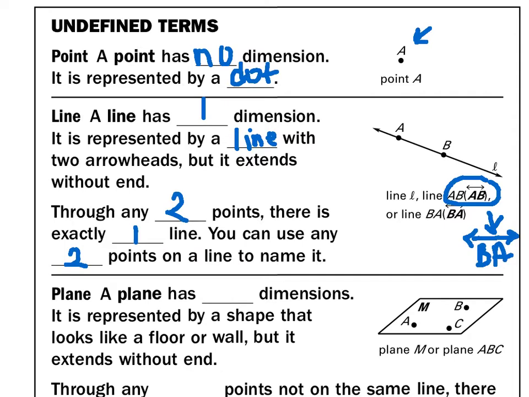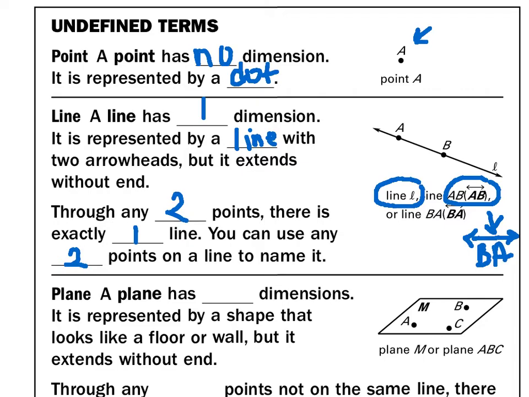So it doesn't matter whether I flip it around or not. You can also use a lowercase cursive letter to name a line. And that's how you would name it if you don't have any points on that line named. But if you have the points, it's better to go ahead and just use the uppercase letters.